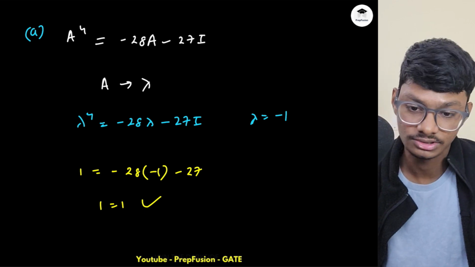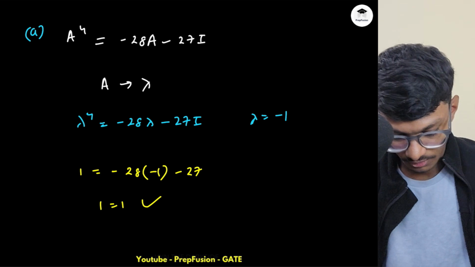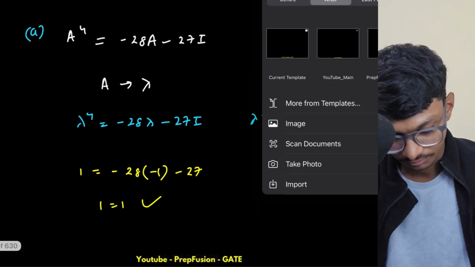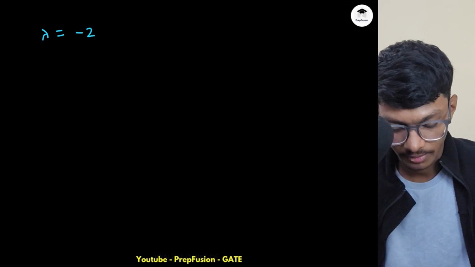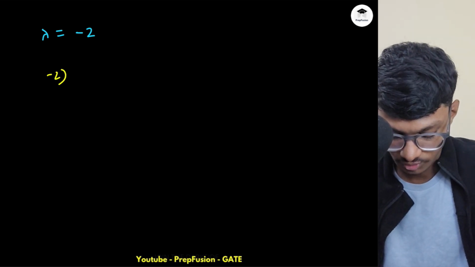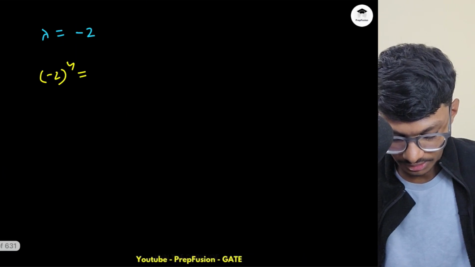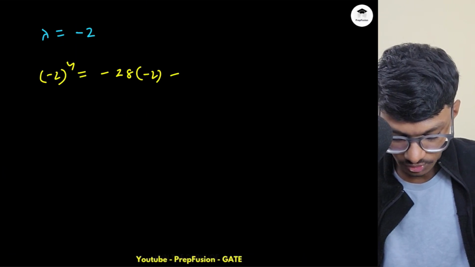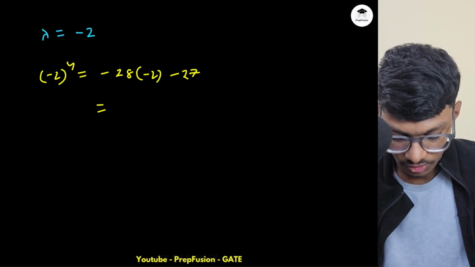Okay, now let's check for the second case. So for lambda equals to -2, it won't satisfy. So -2 raised to power 4 should be equal to -28 times -2 minus 27. So here what do I see?